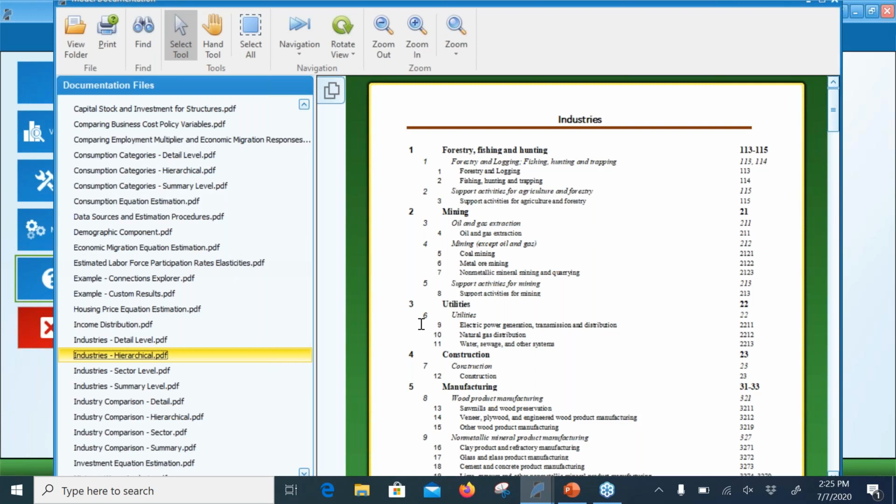At the 4-digit NAICS code level, utilities is broken down into natural gas distribution and electric power generation. These are broken out separately. So if your application is towards energy or the environment, it's nice to have natural gas or electric power generation broken out separately.